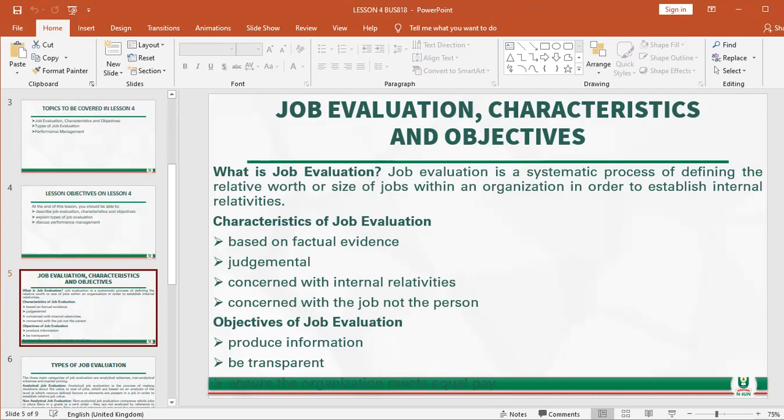Like I earlier said, what job evaluation has to do is try as much as possible to differentiate the pay structure of an organization, as to what the employee gets when he or she is employed in that organization. So I'll use an example of you working in an organization, let's say a federal government organization, where you have so many disciplines.